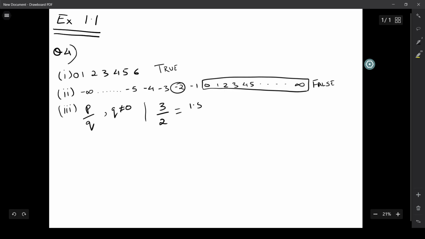In fact, in its decimal form, it's 1.5, which lies between the whole number 1 and the whole number 2. However, any number between 1 and 2 is not a whole number. Hence, we can say that 3 by 2 is definitely not a whole number, but it is a rational number. So, which makes the statement number 3 also false.